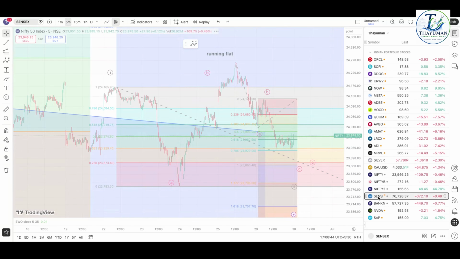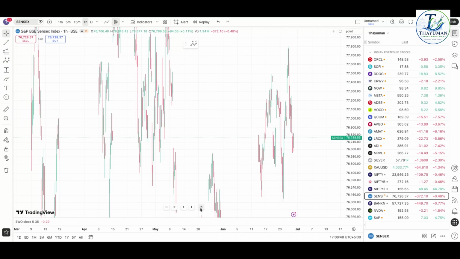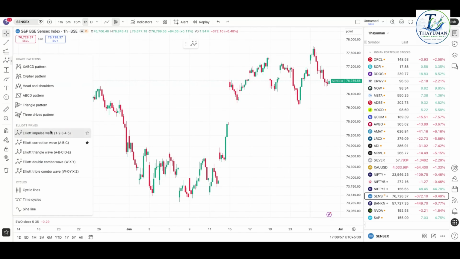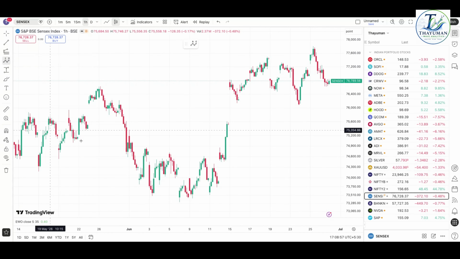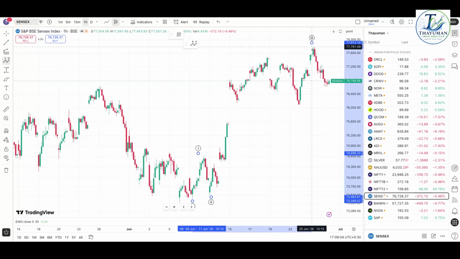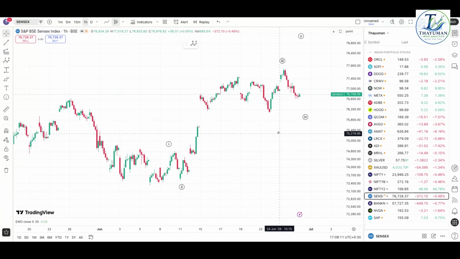Again, Sensex is similar to Bank Nifty. We are in wave 4. I can slowly plot it. Assuming this is 1, 2, and 3 has ended here, and then 4 is what is running at the moment. So 4 and then 5. Whether 4 has ended or not is a similar question as in Bank Nifty.